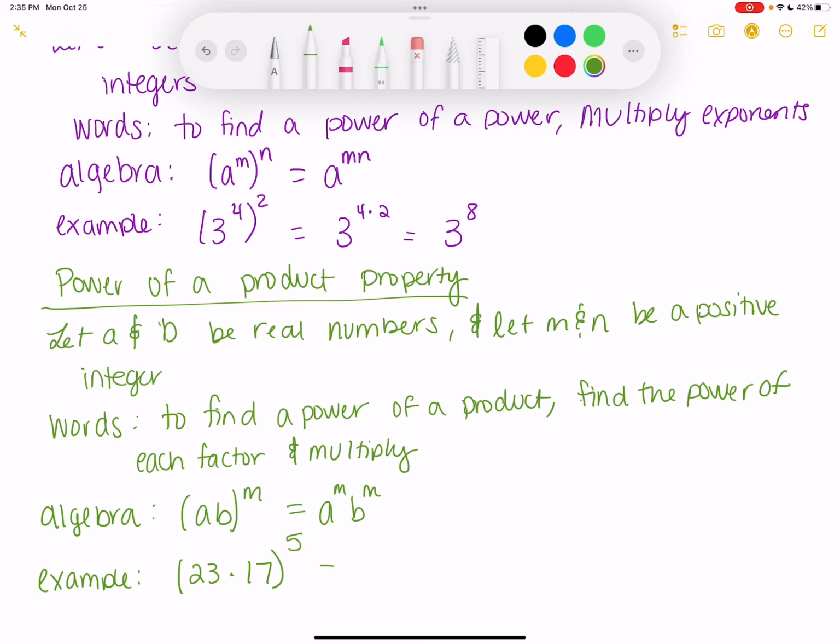This would be something like 23 to the 5th times 17 to the 5th. Okay, and then you would just have to multiply that out. But obviously, I'm not expecting you to be able to do that, so you could just leave your answer there if that was the actual problem that you were given. And technically up here, I wasn't paying attention, but I didn't really need this n because there was no n in that problem. So I just needed m.